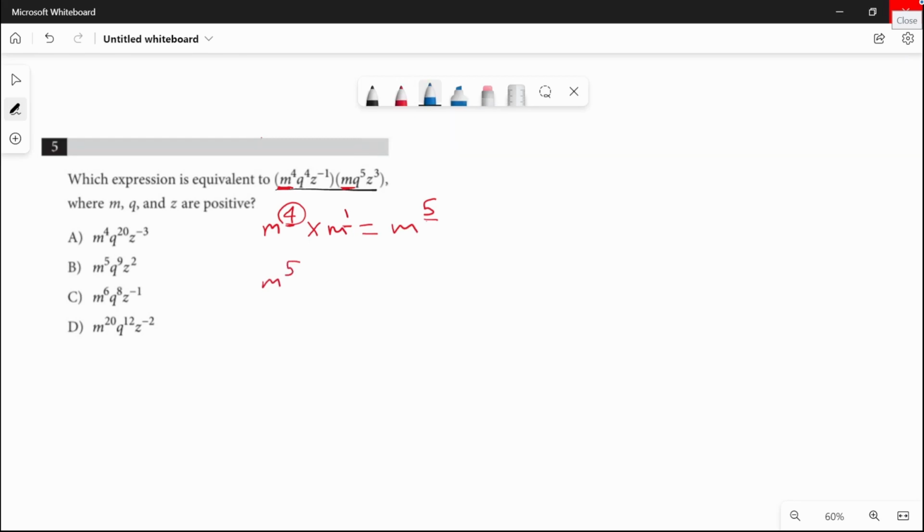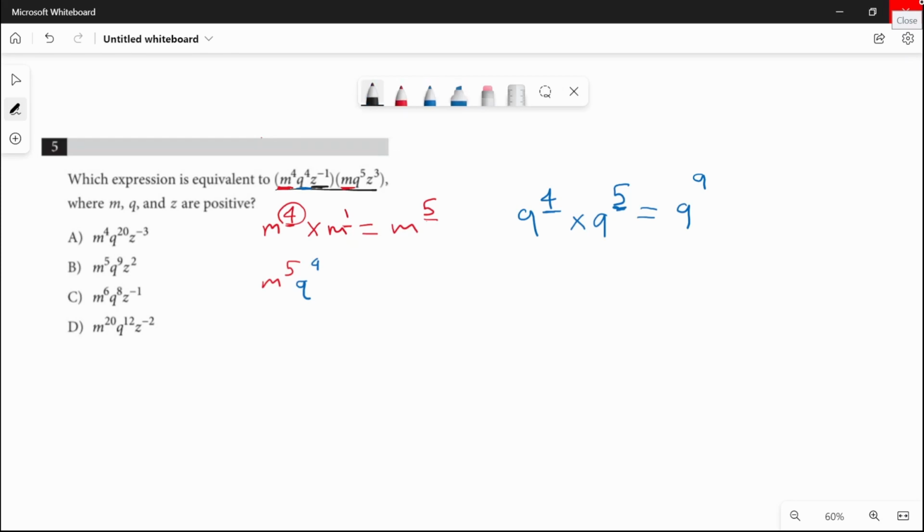The second term is q. We'll multiply values of q, so we'll have q to the power of 4 multiplied by q to the power of 5. So we will have q, and then we will add up the exponents, so we'll have 9 in the exponent. So the next term will be q to the power of 9. Now what about z?